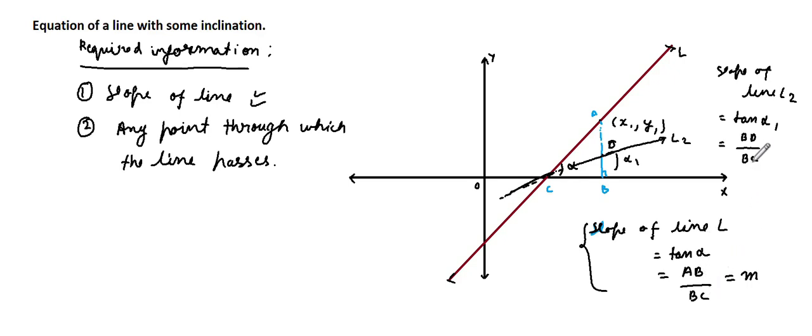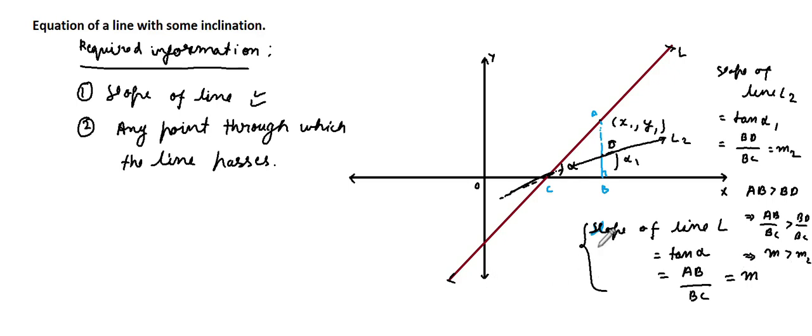The base BC for both of them is the same. Let us take the slope as m2. We can clearly observe from the figure that AB is greater than BD, which means if we divide both sides by BC, AB by BC is greater than BD by BC, which I kept as m2.